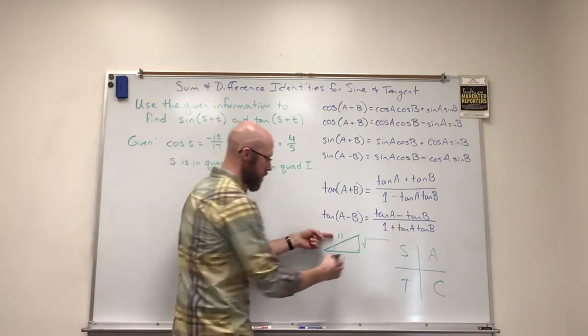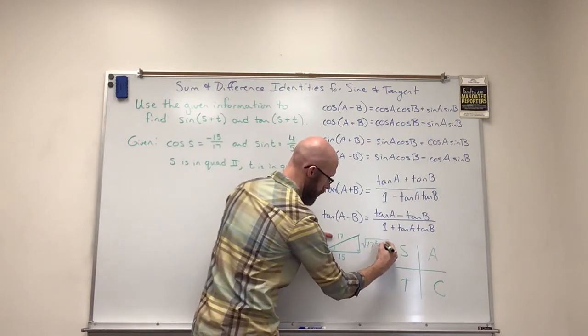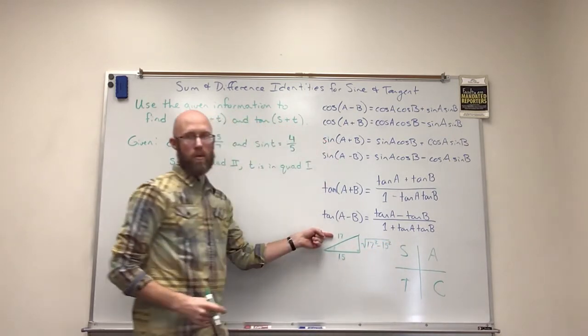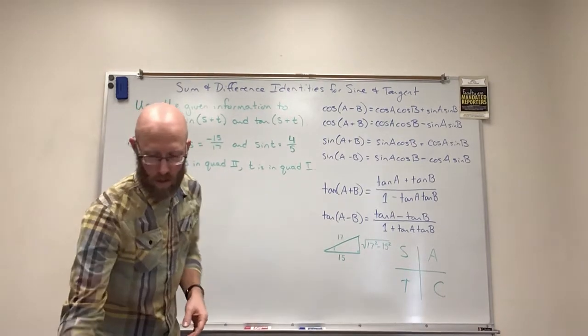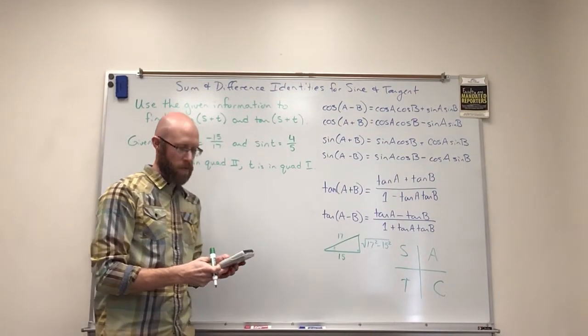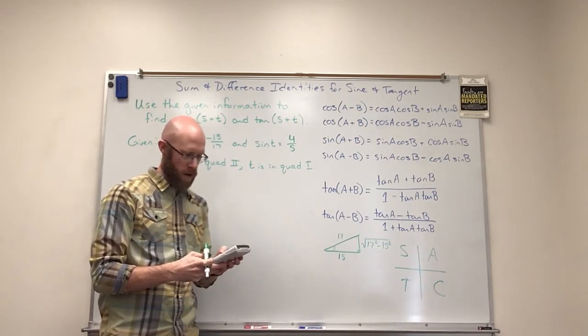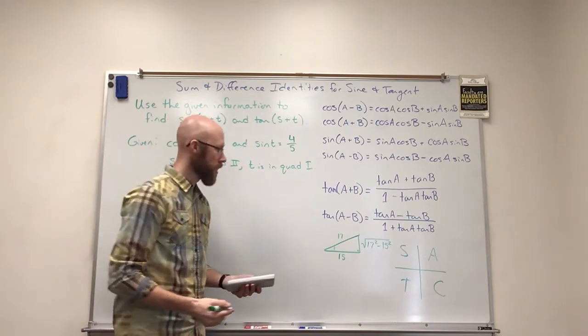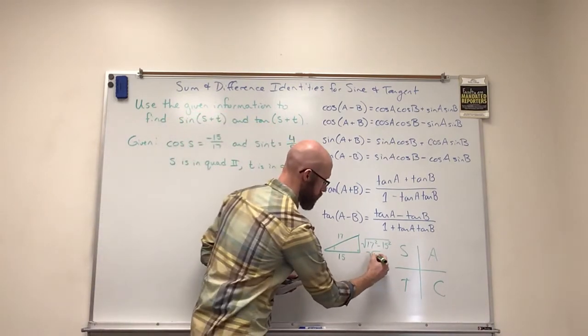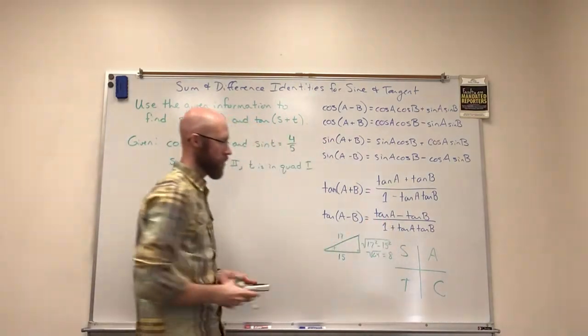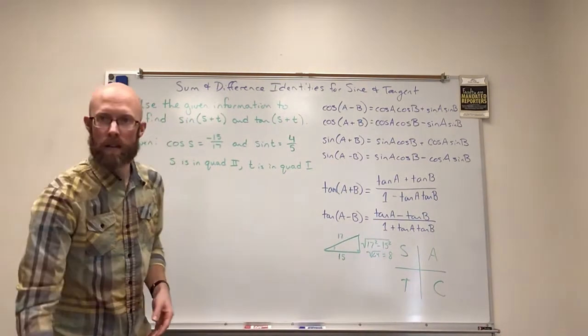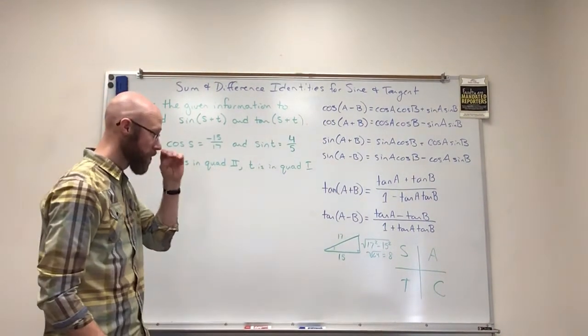And so it's going to be the square root of 17 squared minus 15 squared. If I punch that into a calculator, 17 squared minus 15 squared is 64. And so this is equivalent to the square root of 64, which is 8. So that opposite side there is 8.